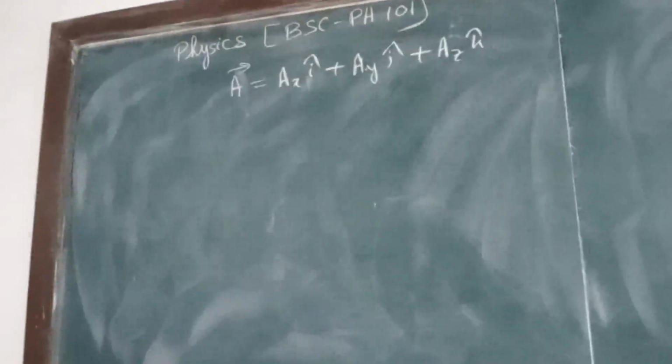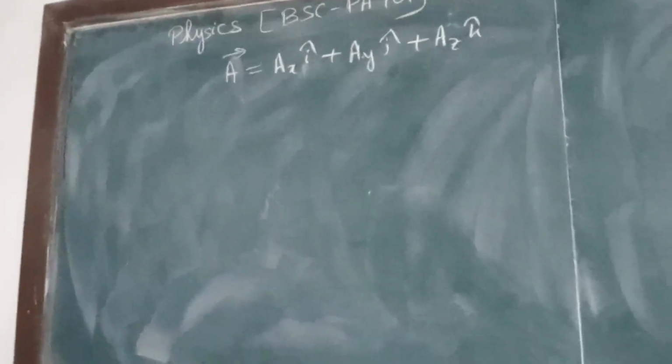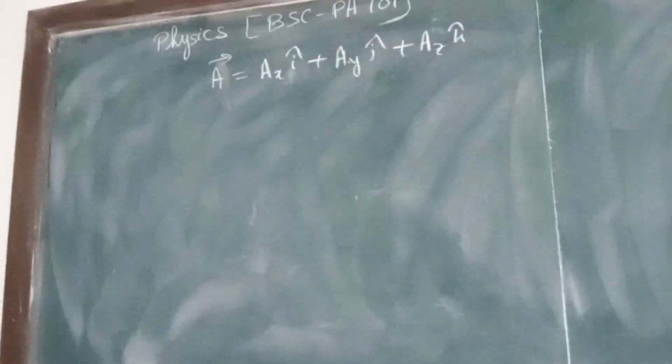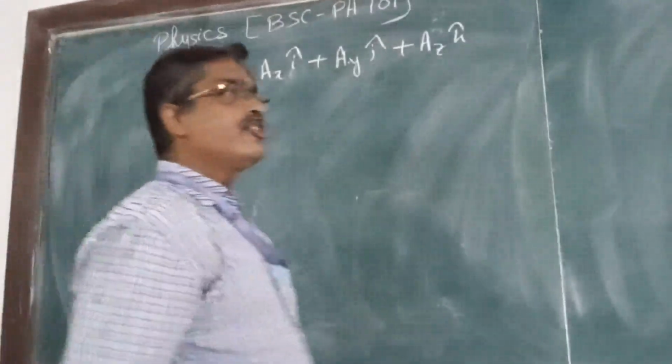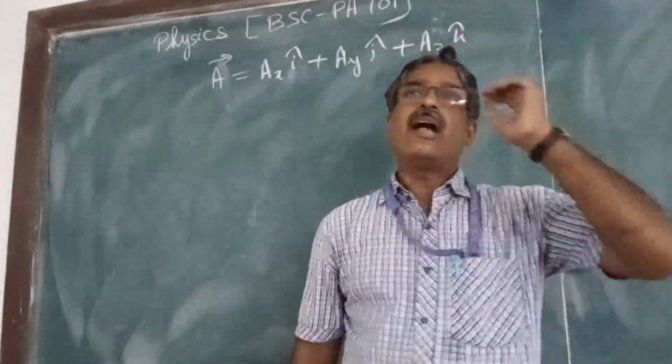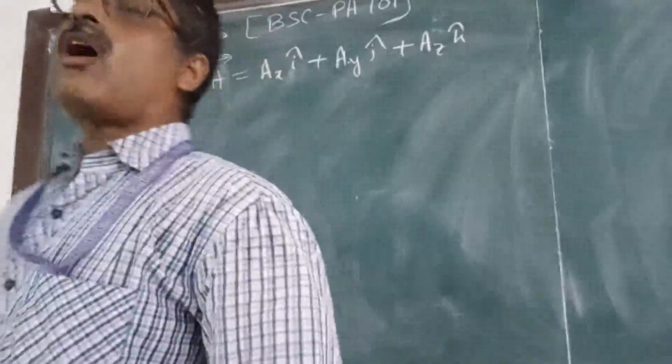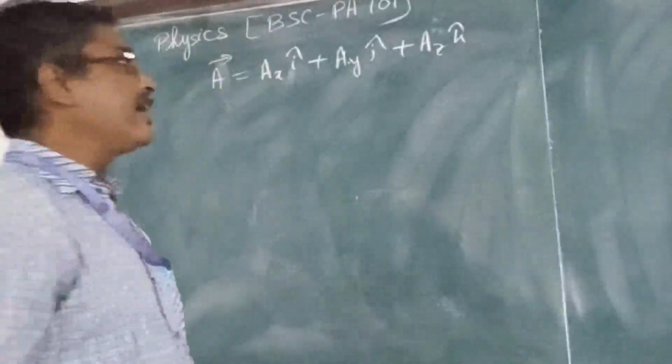The quantity which has the magnitude as well as the direction is called a vector.